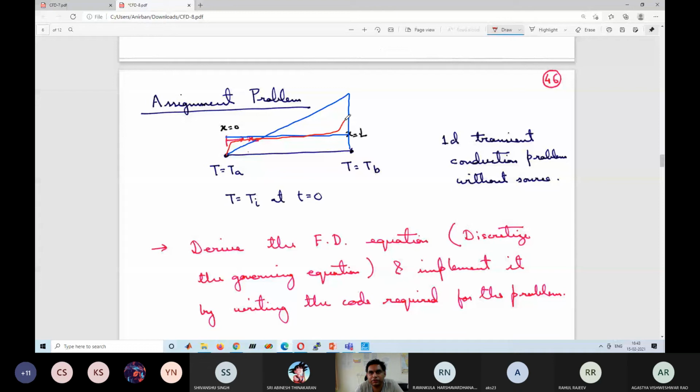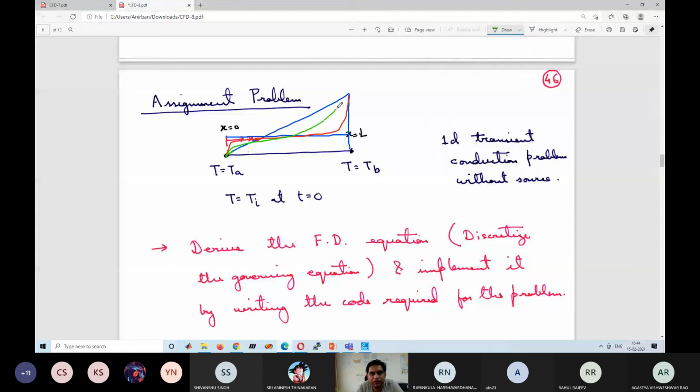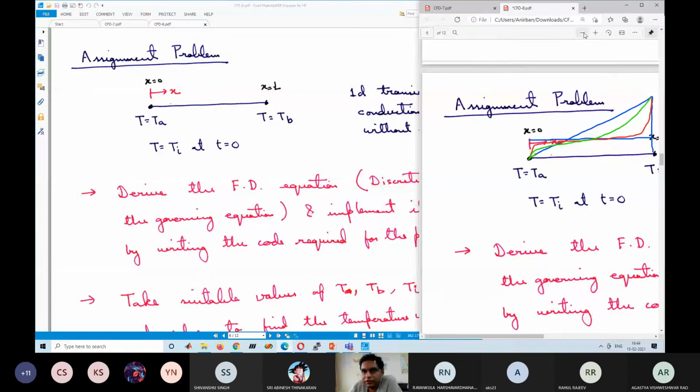Then after some more time it will look like this. And finally it will become fully linear. Is it clear to everyone? Or is there any doubt?